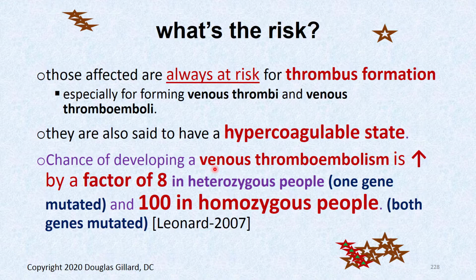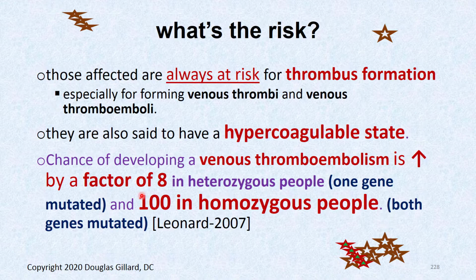All right, what are the chances for developing a venous thromboembolism that goes all the way into the lungs? It's increased by a factor of 8 in people who are heterozygous for the condition. That means either mom's gene or dad's gene. Remember, everybody's got 2 genes. There's only one factor V mutated gene.